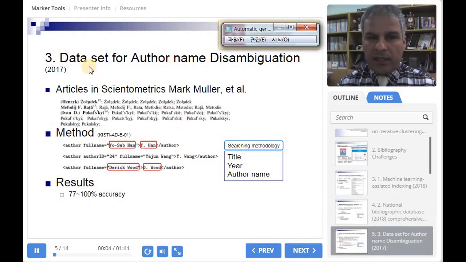Another article is talking about authors' disambiguation, published in Scientometrics by Mark Muller in 2017. As you see in the image, they provide same names but use different characters for visualization.